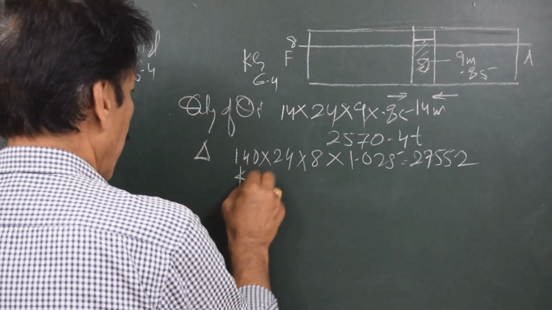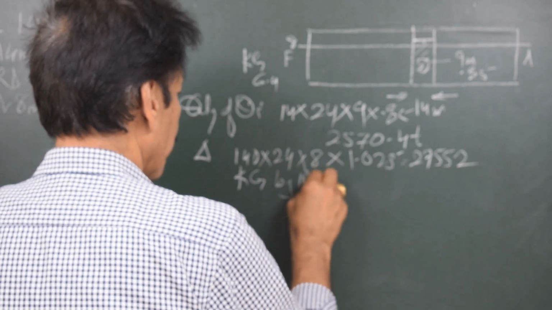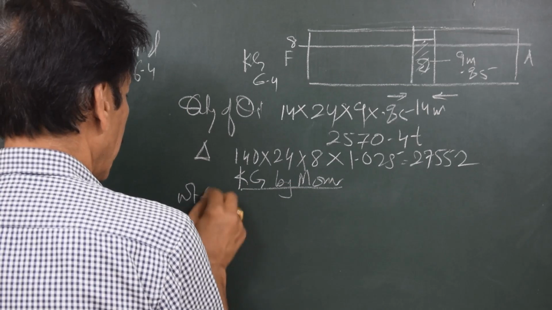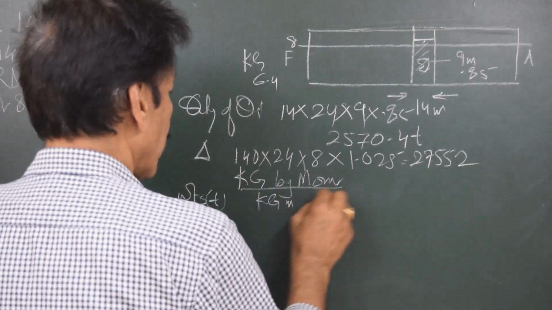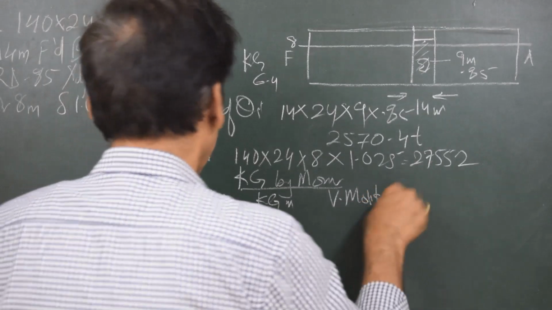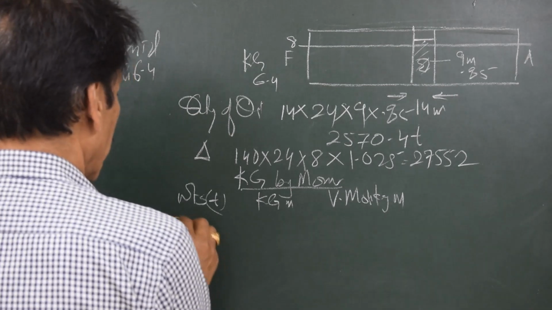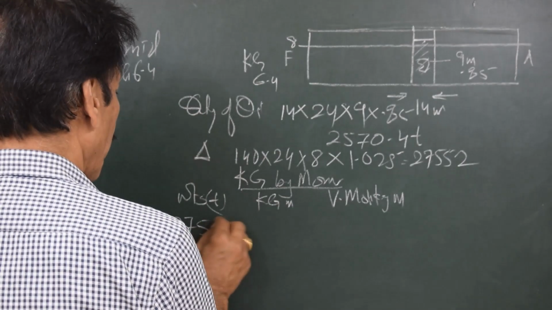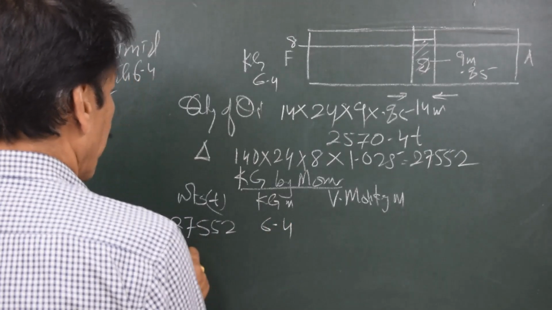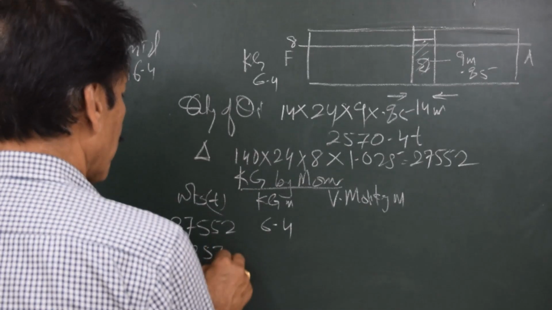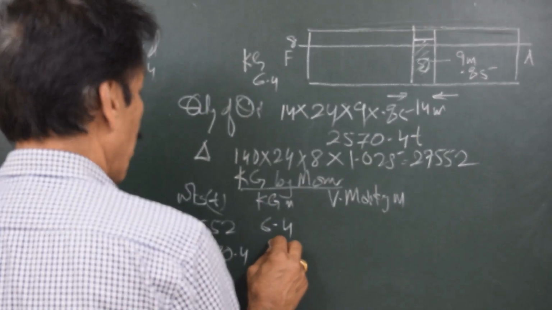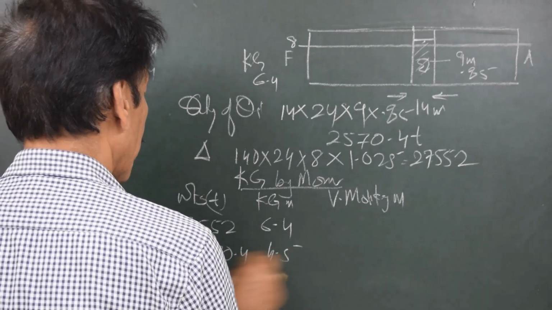So after pumping out the oil, what would be the KG? Let's find out the KG by moments method. So we have weights in tons, and then we have KG in meters, and then we have vertical moment in kg meters. So the first weight is the displacement of the ship itself, 27552. KG given in the question is 6.4, and then we remove 2570.4, and because the height is 9 meters, the KG of the liquid that is removed is 4.5 meters.